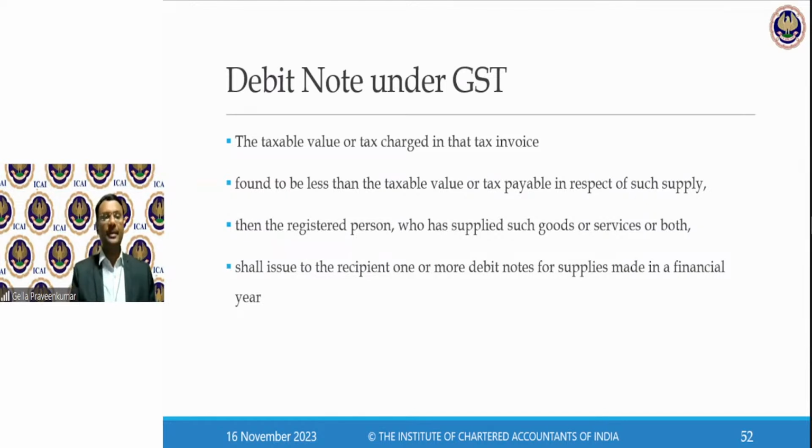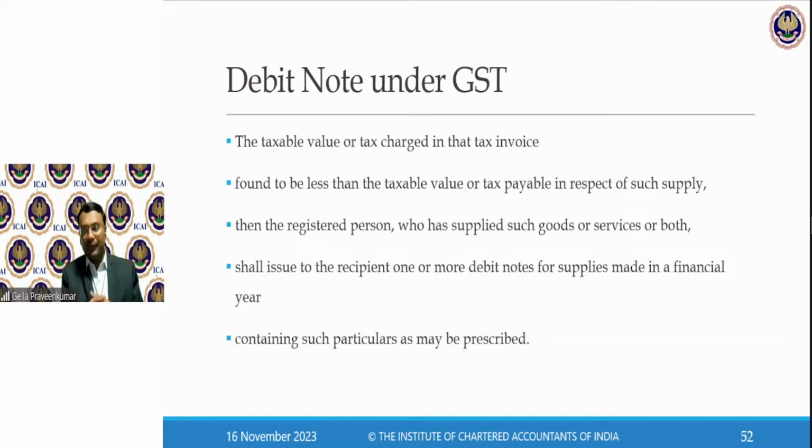A registered person can issue a debit note to the recipient, one or more debit notes in a financial year, containing the details as may be prescribed. Unfortunately, there's no time limit for a debit note. Why? Government is getting revenue. In a credit note, government is losing its revenue. That's why they have given time till 30th November.